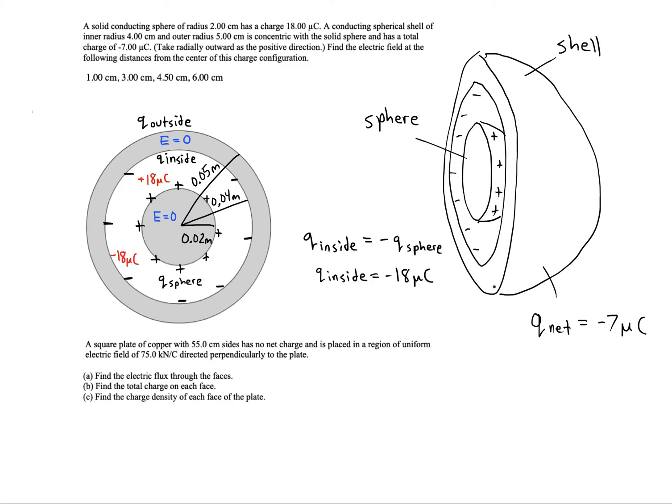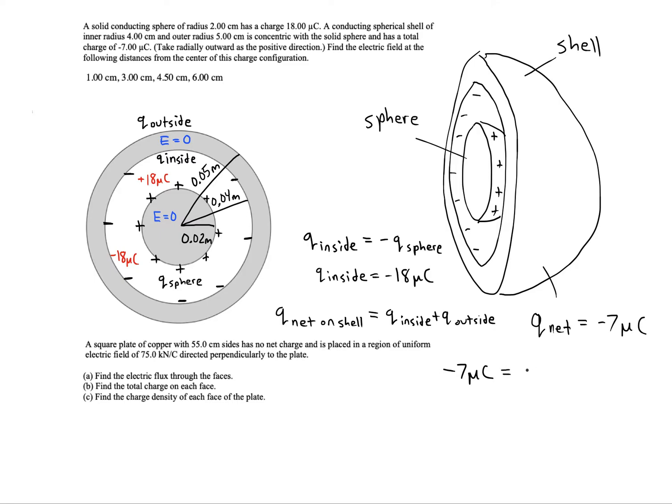This information will allow us to find out how much charge is on the outside of the shell, because we'll always have the relationship that the net charge on the shell will be the sum of the inside charge plus the outside charge. We know that the net on the shell is -7 microcoulombs.